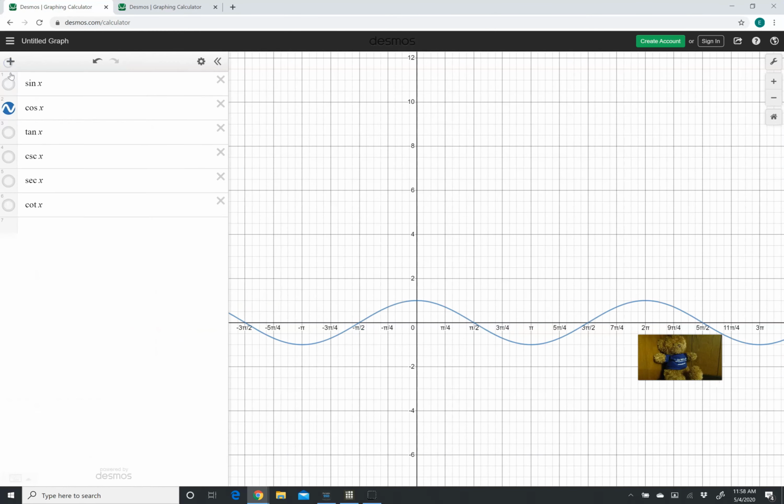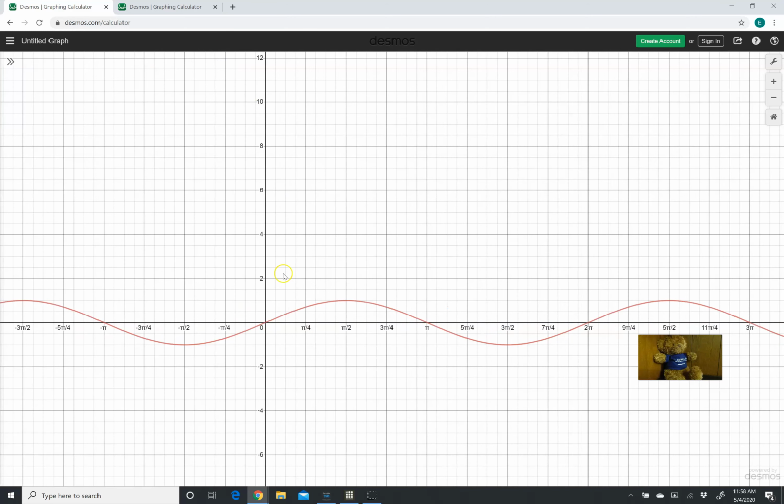So let's go to the sine graph. What we're doing is we're taking this graph and we're reflecting it in the line y equals x. But if you look at the sine of x, what you're going to notice is this is not one-to-one.